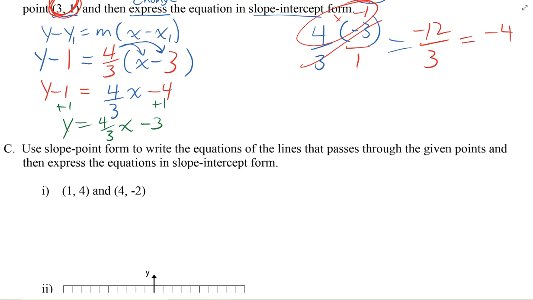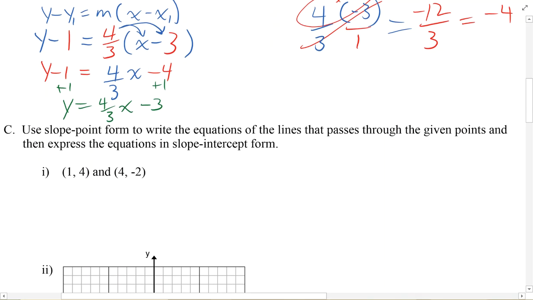Yeah, totally. Okay. So next part, we are going to write this into slope point and then into slope intercept. So first thing we have to do is find our slope. Go ahead. Use your M equation, find your slope.